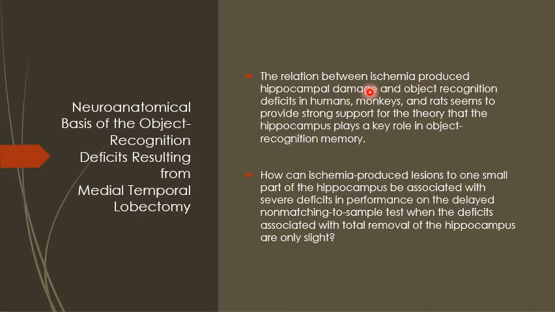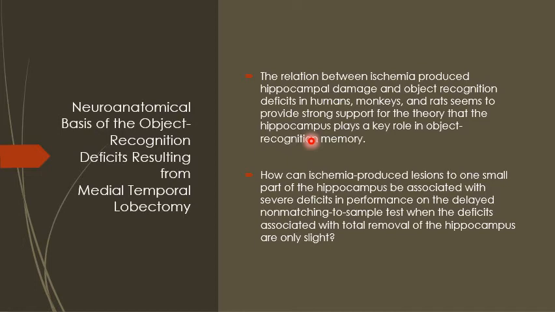Okay, and the relation between the ischemia-produced hippocampal damage and object recognition deficits in humans, monkeys, or rats seem to provide a strong support for the theory that the hippocampus is responsible for object recognition memory, or it plays a key role in object recognition memory. However, some confusions arise.